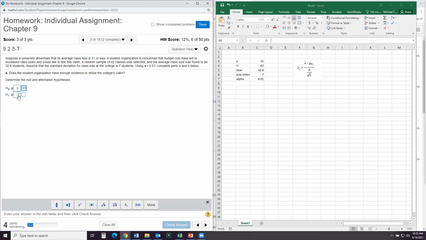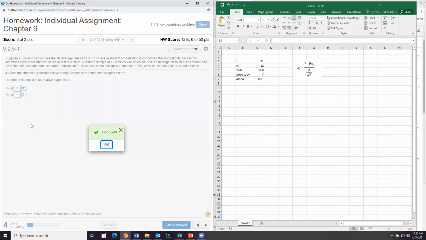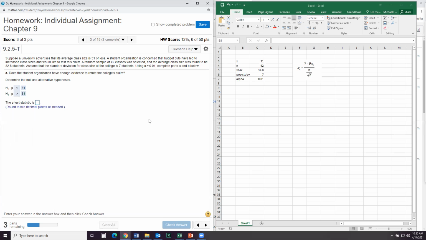And the alternative hypothesis is that it is greater than 31. So this is a one-tailed test. We're testing to see if the mean has gone up.